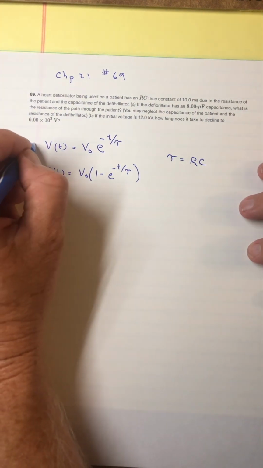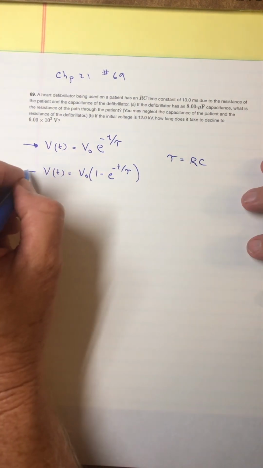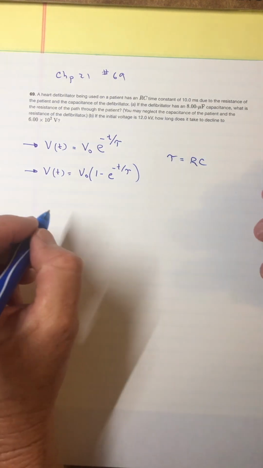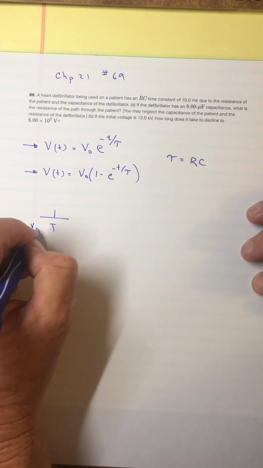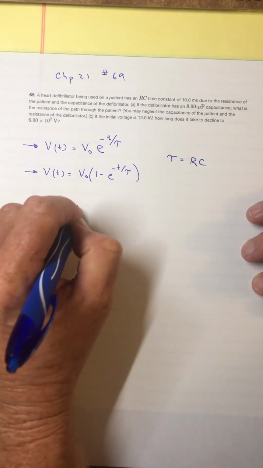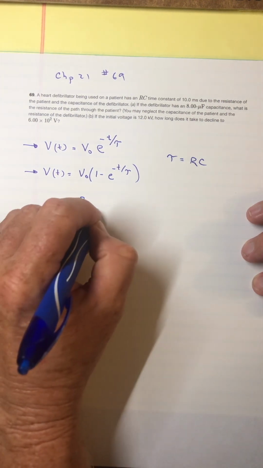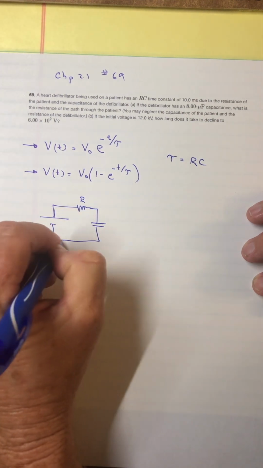And the short answer to that question is this is what you use when you are discharging something, and this is when you are charging it up. So if we're talking about actually building one of these, we'd probably take a power supply, so I'll take here a V naught. And then we would connect it through a resistor and a capacitor.